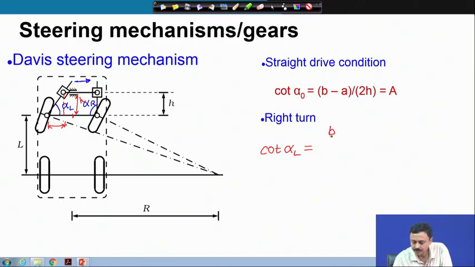So, this becomes b by 2 minus a by 2 minus, so this is, I am considering that this shift is x, shift of this bar is x to the right, so this distance was b by 2.